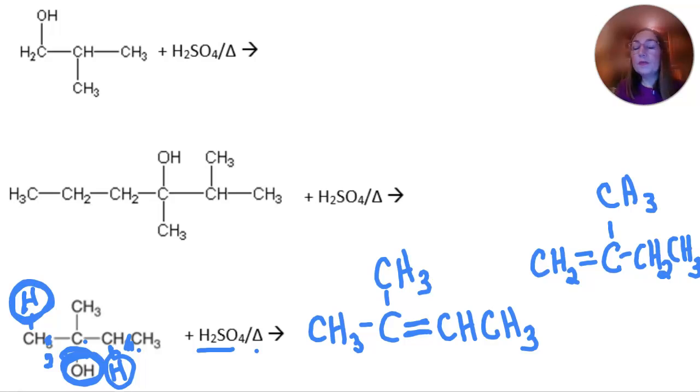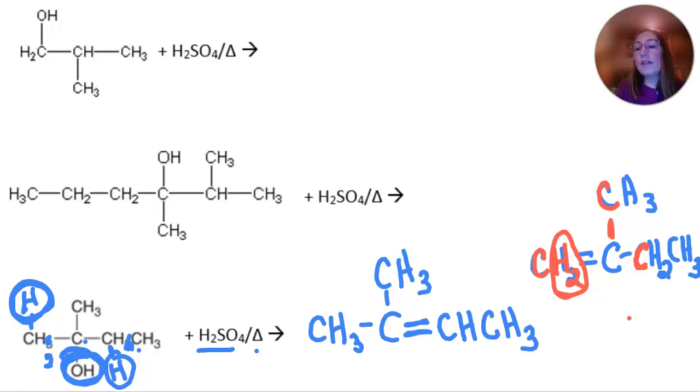And so what I notice here, if I look at what's around my double bond, in the molecule I just drew here, my first carbon of the double bond is actually bonded to two hydrogens. So that's not very substituted. And the second carbon is bonded to two carbons.